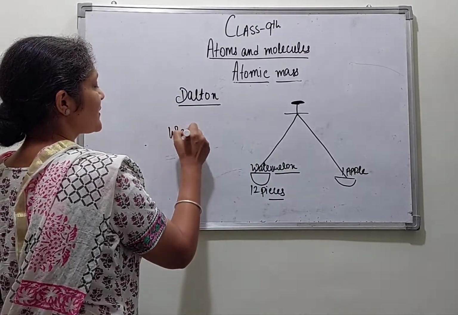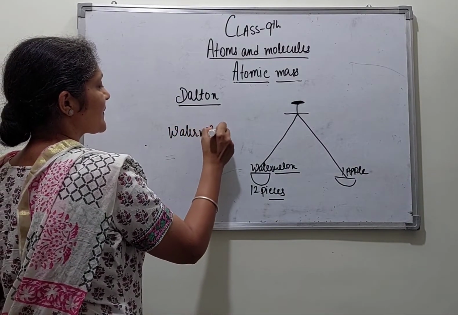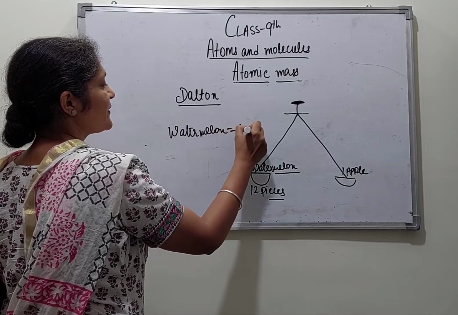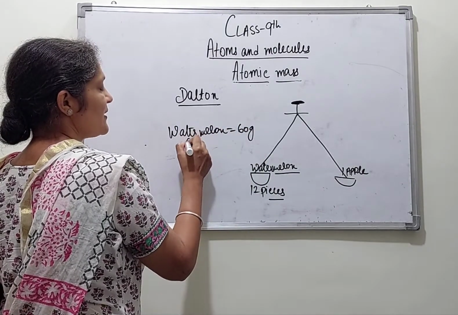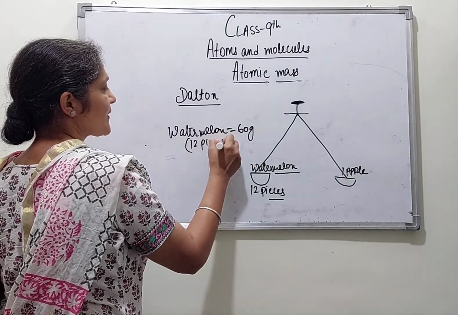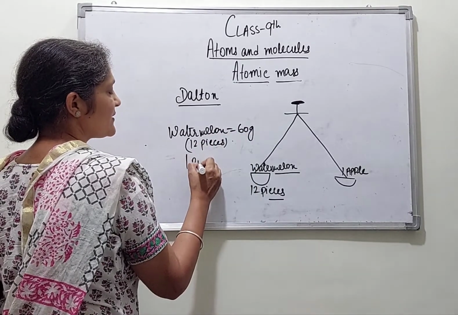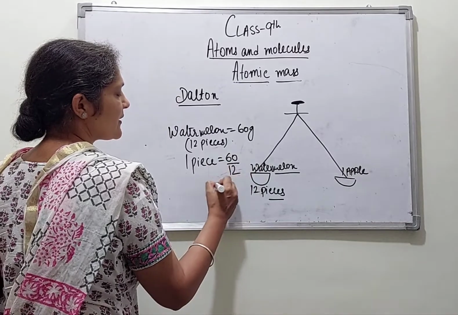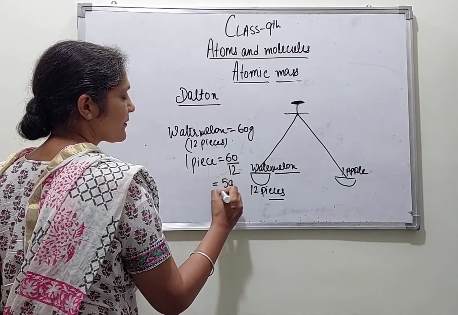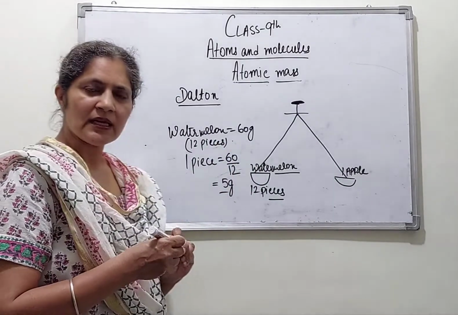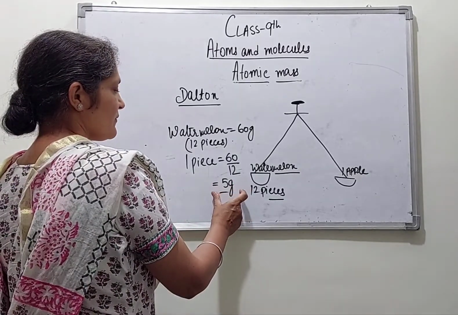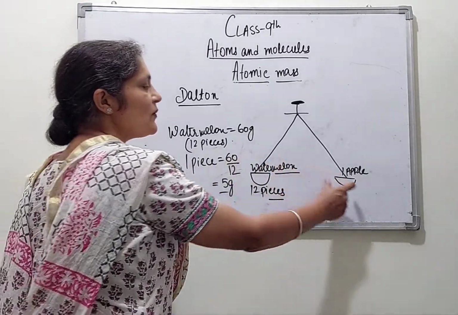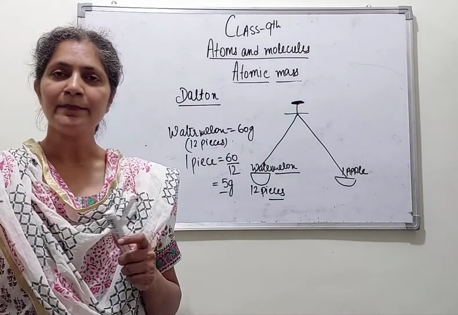Suppose the weight of the watermelon is 60 grams, which has 12 pieces. So the weight of one piece will be equal to 60 upon 12, which is equal to 5 grams. So we can say 5 grams is the weight of one piece, and so is the weight of one apple.